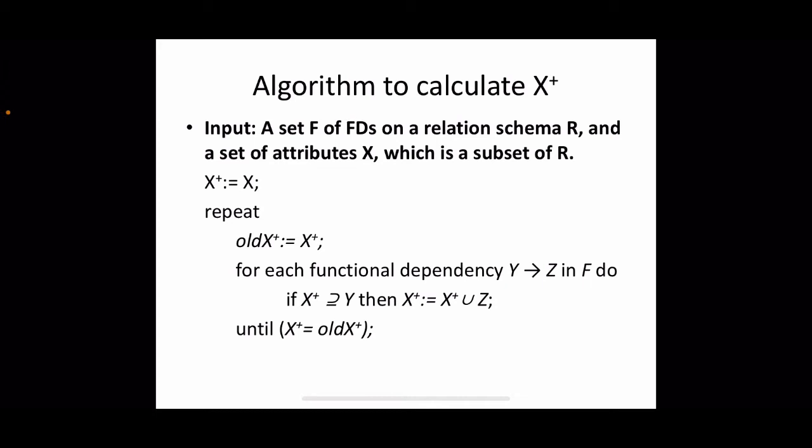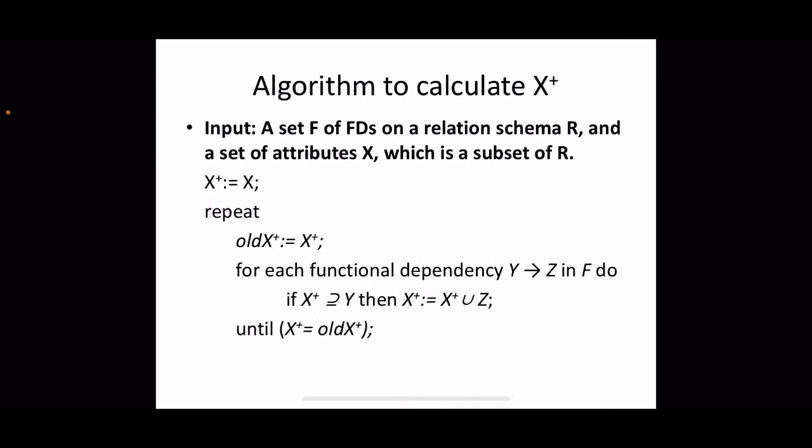As an initial step, we assign the closure value as the attribute set itself. X plus, the closure of X, is initialized as X itself by IR1, since any attribute set is functionally dependent on itself.